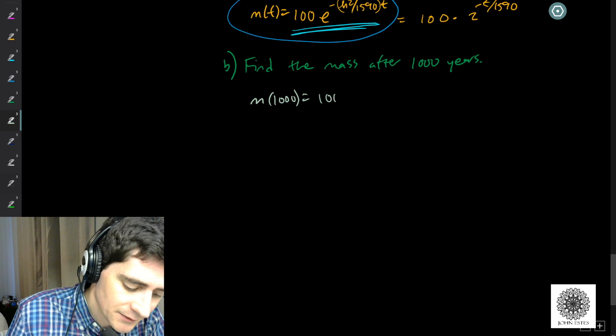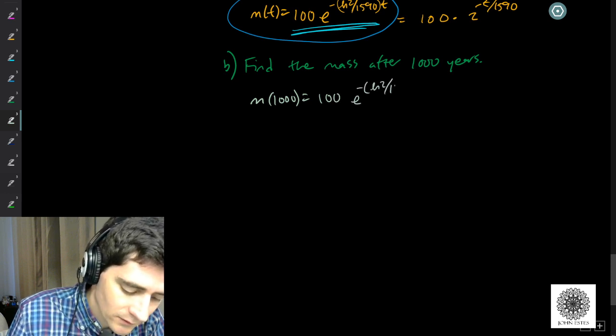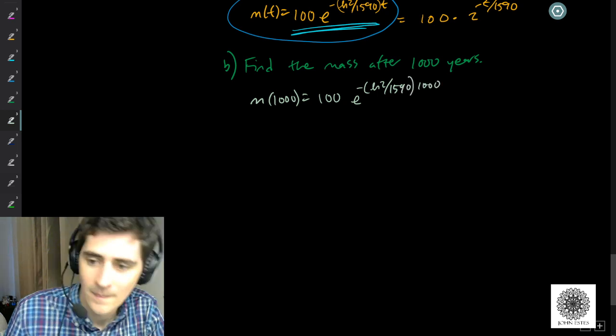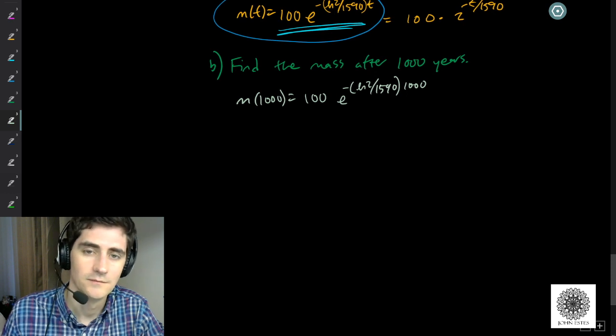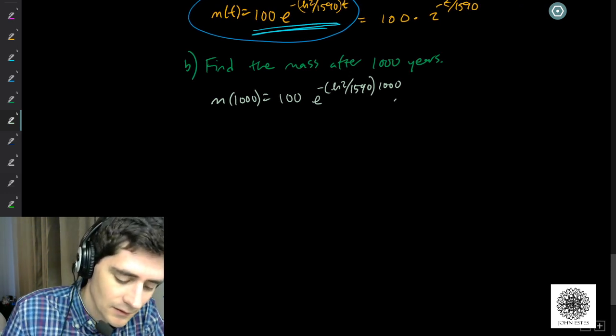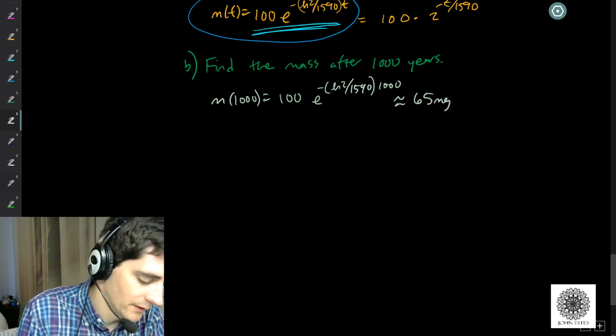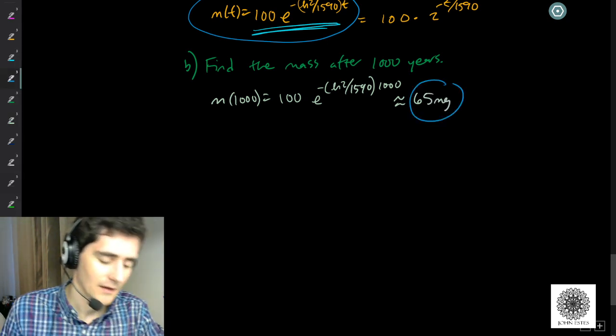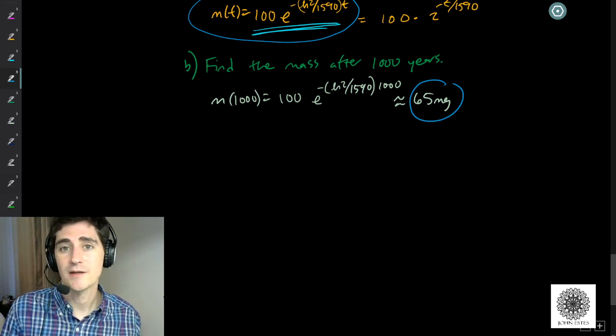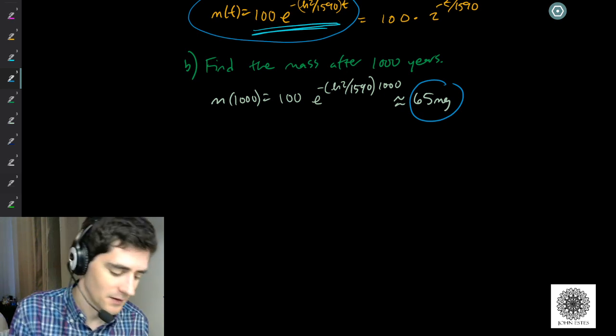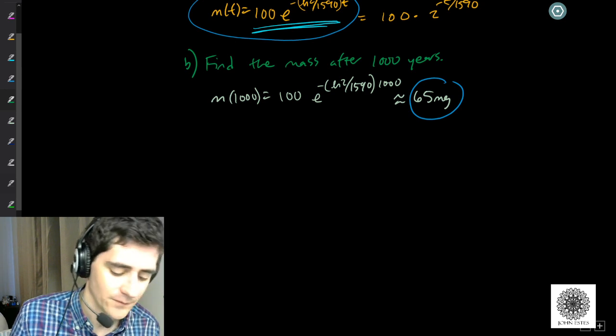So that's 100 e to the negative ln 2 over 1,590 times 1,000. This is just something for the calculator to do. When you plug this in, you should get around 65 milligrams.